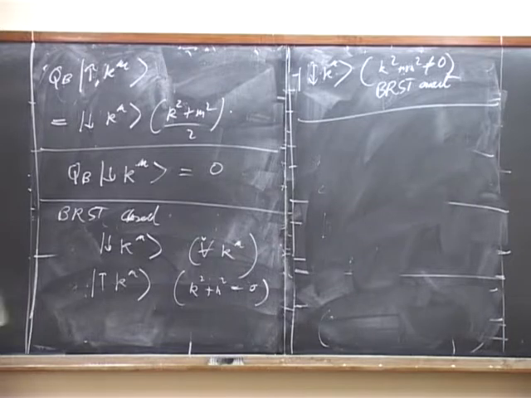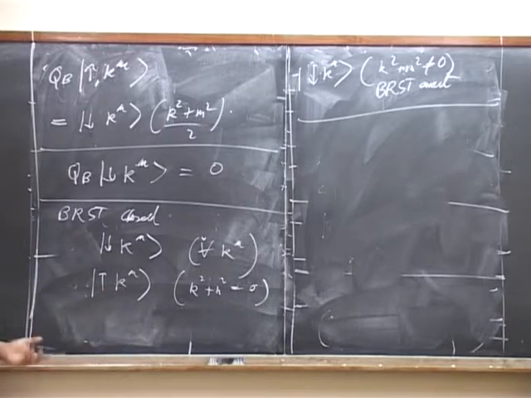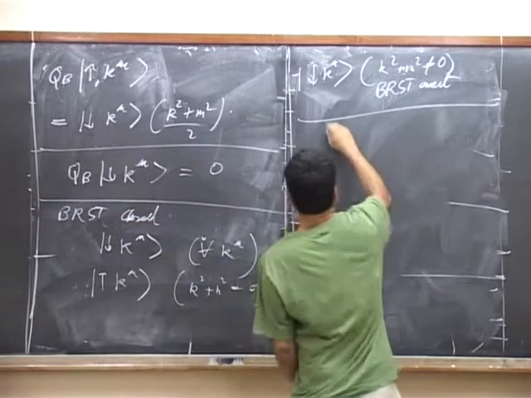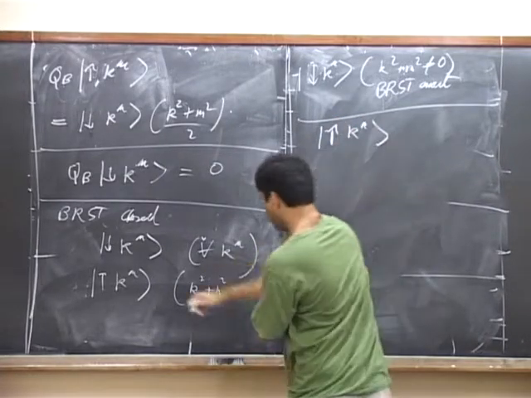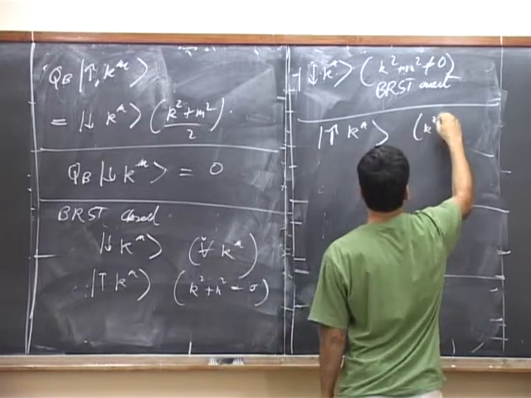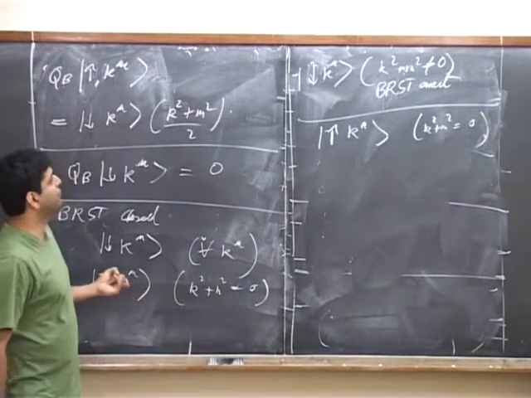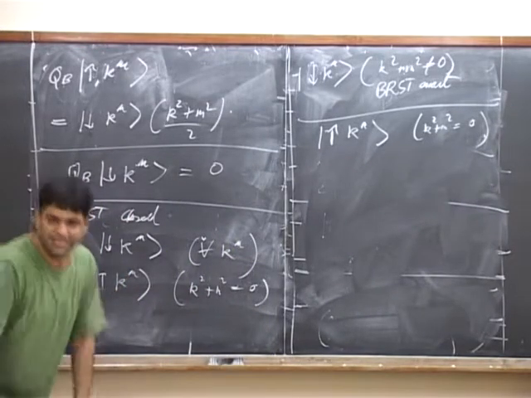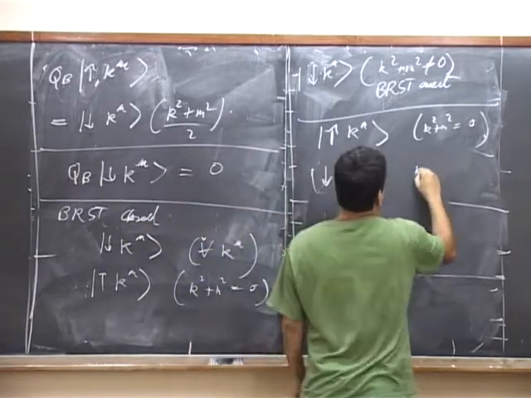So we're interested in BRST cohomology. We can find typical elements of the equivalence classes of BRST cohomology. This is just generated by up K mu with K squared plus M squared equal to 0, because this is closed and nothing of the form up is BRST exact, and also down K mu with K squared plus M squared equal to 0.